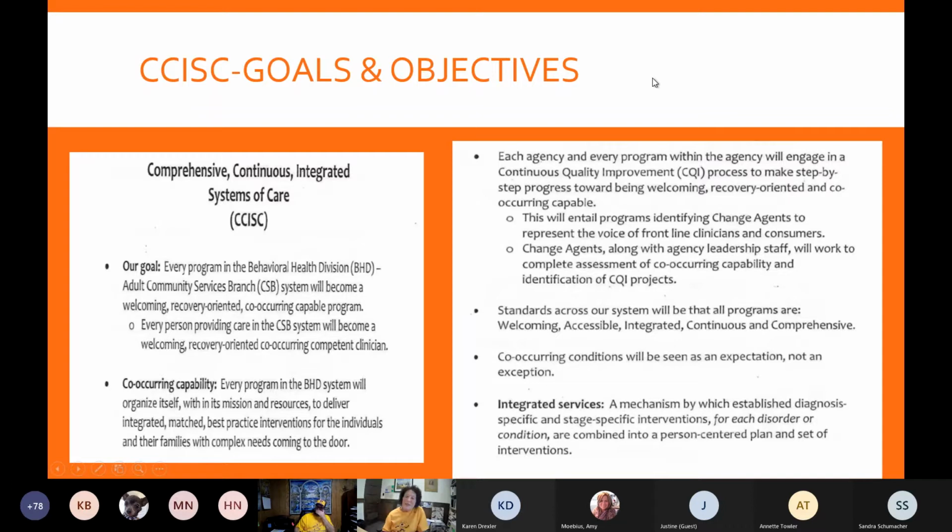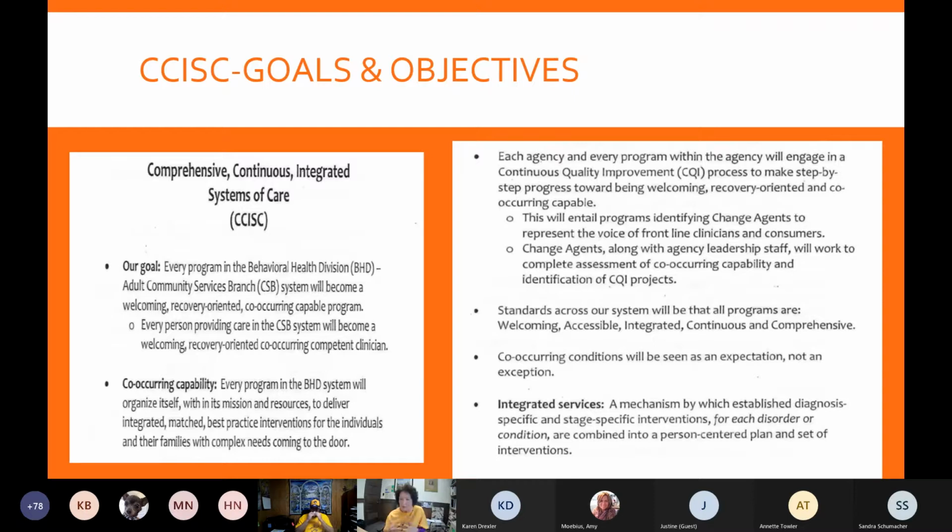So each program, any system or agency or place in the city or the county, wherever a person needed care, they would get the same quality of care based on the MC3 principles. And that's why we learned these principles.